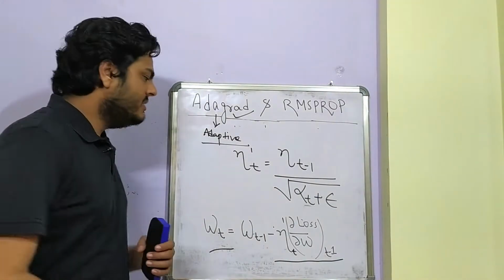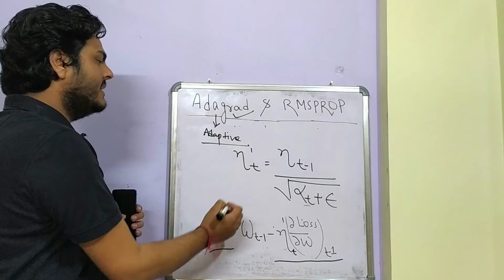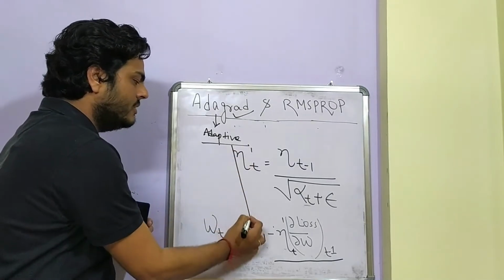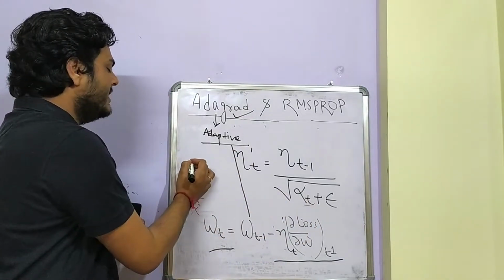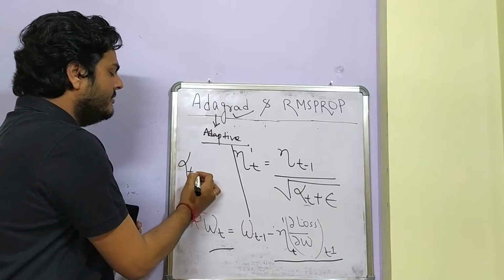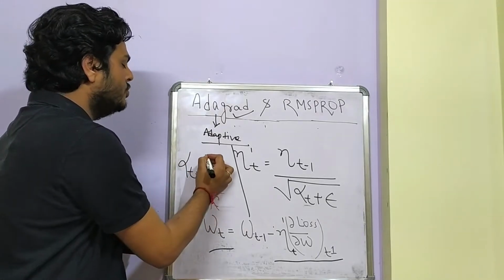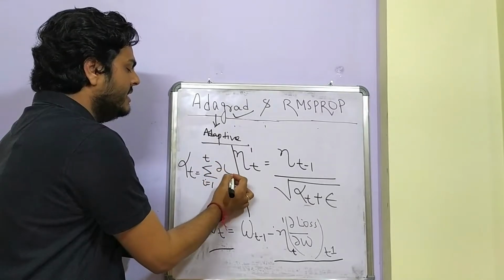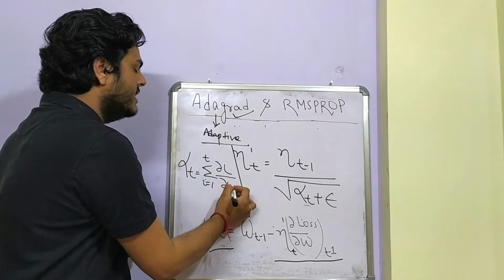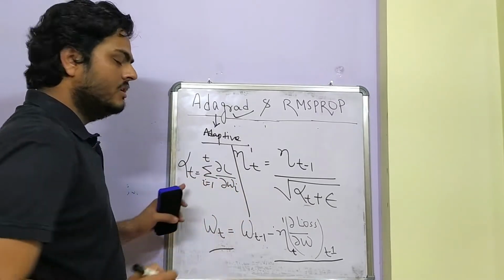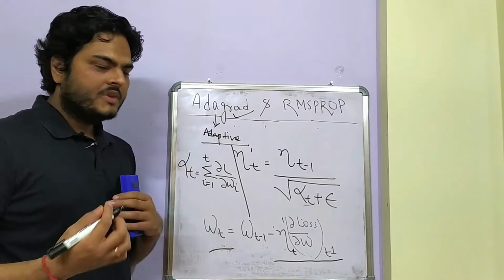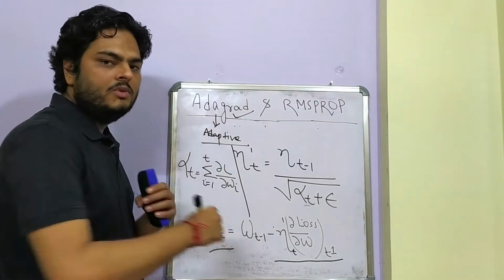This alpha t can be represented as the summation, i equal to 1 to t, of the derivative of loss with respect to the weight i, squared. So every time this learning rate will be tuned.